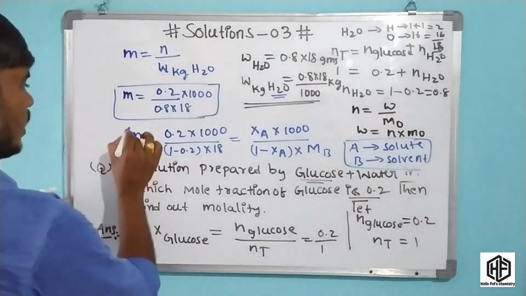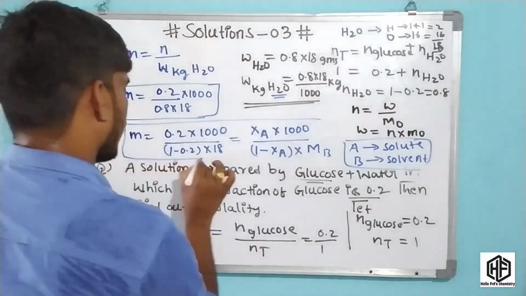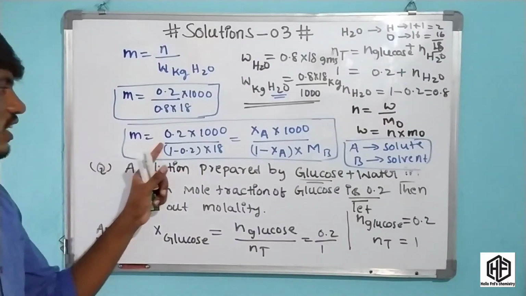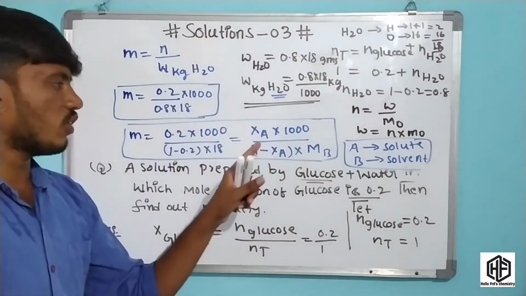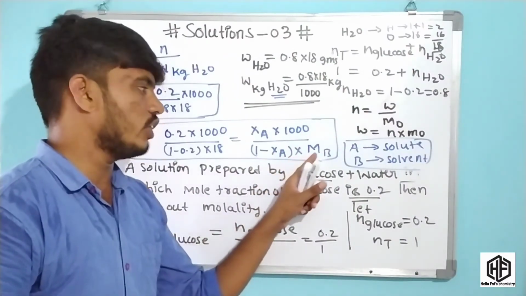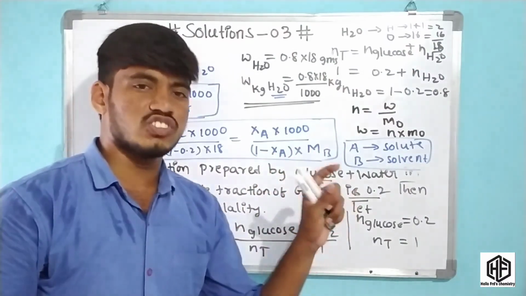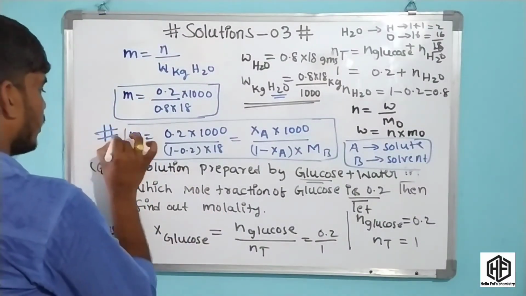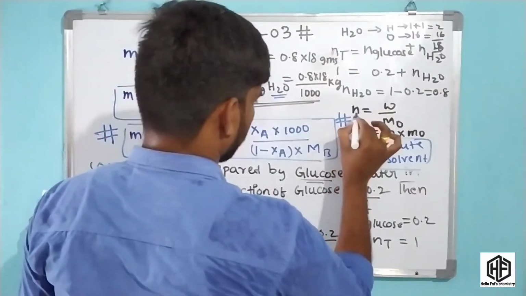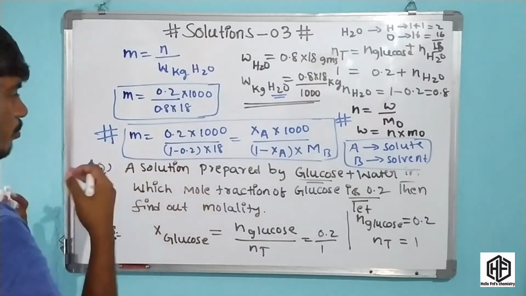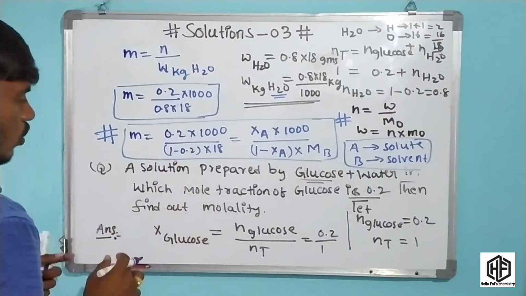Now what is the relation between molality and mole fraction? Molality is equal to the mole fraction of solute into 1000 by 1 minus mole fraction of solute into molecular mass of solvent. This is an important relation. If you are asked this type of question, simply derive it like this.